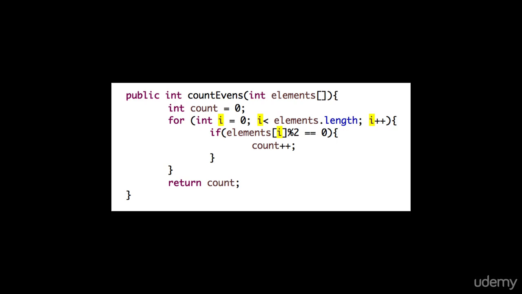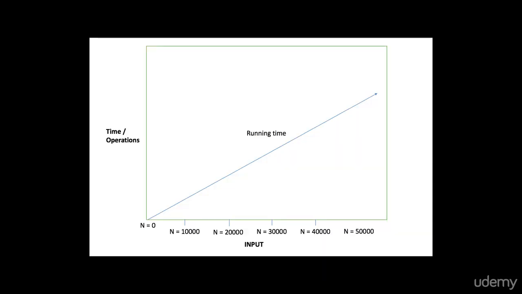So if we were to graph the efficiency of this algorithm, it would look something like this. The time it takes to run this algorithm is linearly dependent on the size of the input. In other words, this algorithm scales linearly as the size of input increases. So keep this terminology in mind.